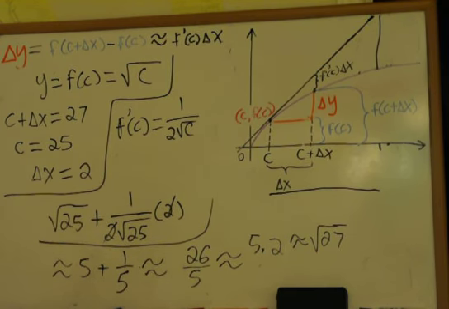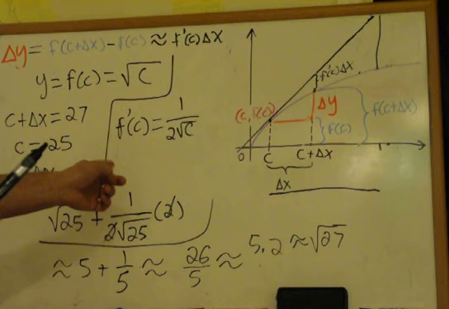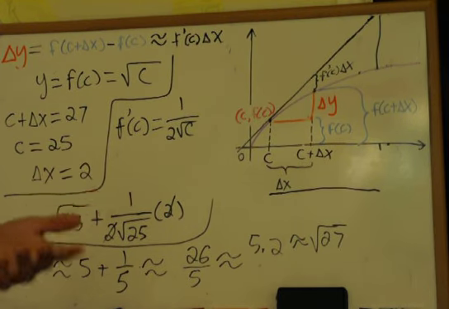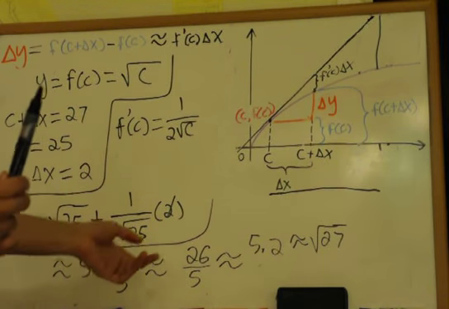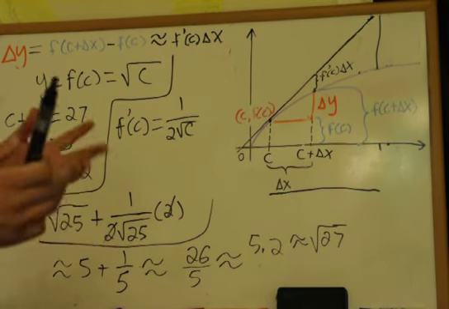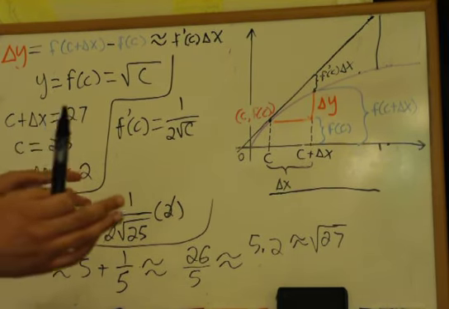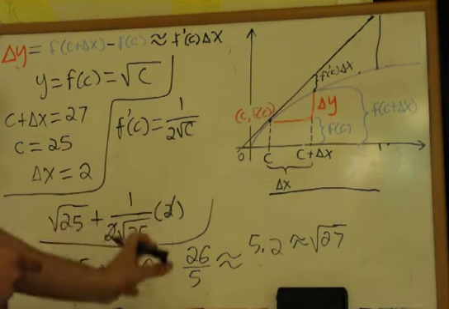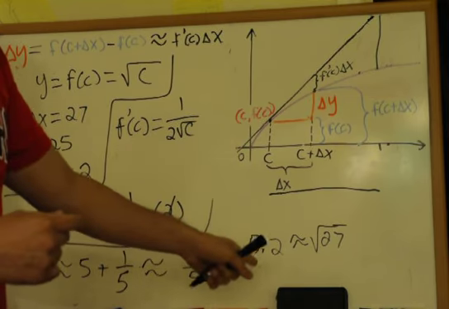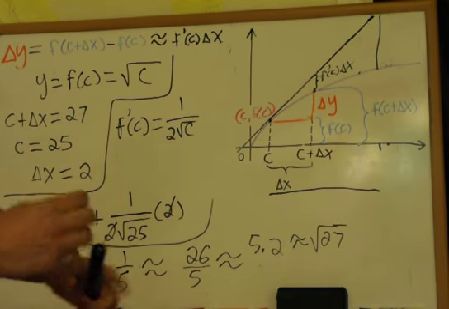So as you could imagine, if instead of delta x as 2, we had delta x as 10, so imagine what that would have been. That would have been an extremely poor approximation. So as you can see, small delta x, good approximation.